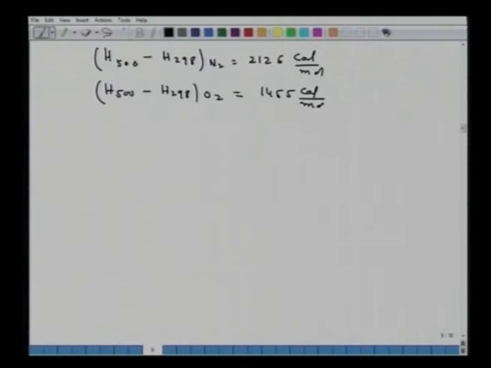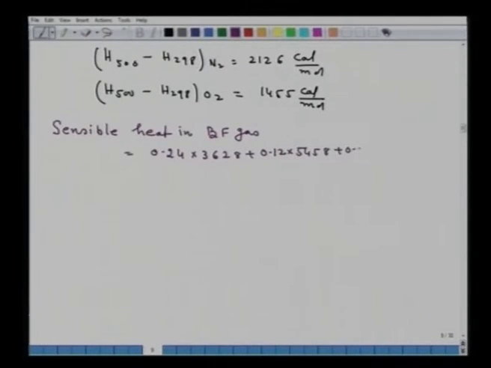Now I have to find out the sensible heat. The sensible heat in blast furnace gas, I just multiply by the moles: 0.24 into 3628 plus 0.12 into 5458 plus 0.04 into 3514 plus 0.6 into 3598.